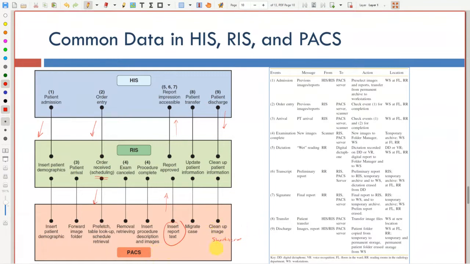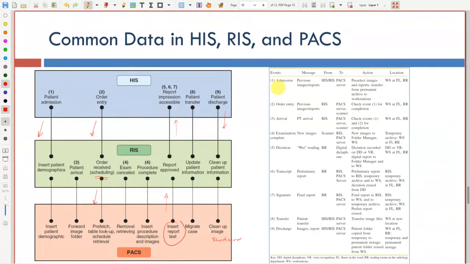So you don't need to store the data in the short-term storage here. You can store it in the long-term storage so that if you need it later on, you can retrieve it, but you don't really need it in the short-term memory, because you cannot keep everything in the short-term memory. So you have to clean up patients as long as they are discharged so that you have enough memory for the new patients.